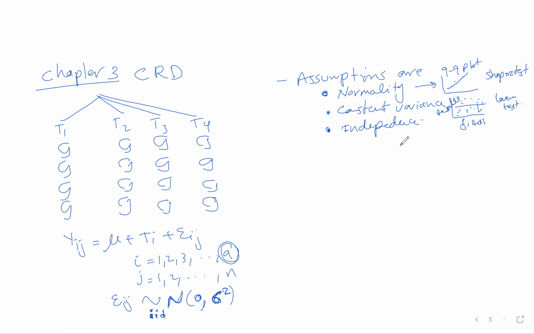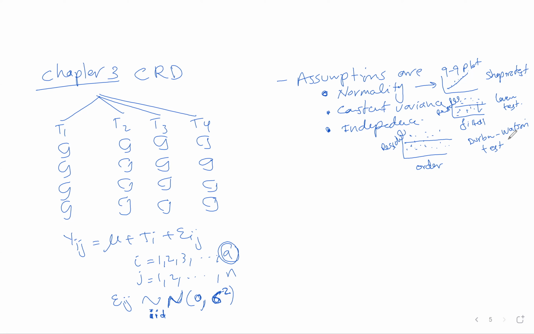For independence, I look at the graph of residual order against residuals. I shouldn't see any pattern. I see the values randomly scattered above and below zero. Or I can look at the Durbin-Watson test. For tests, I need all the p-values to be greater than 5%.